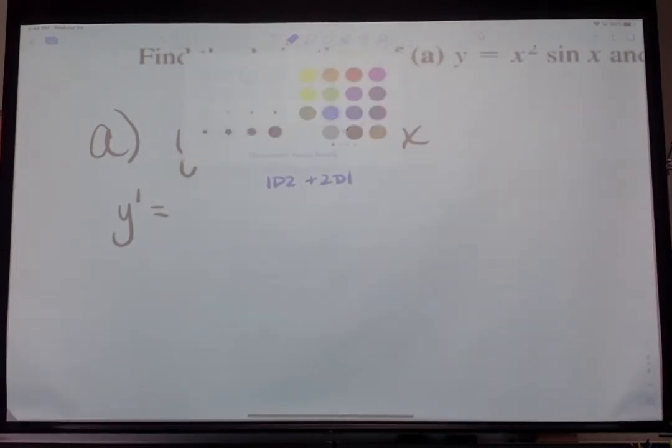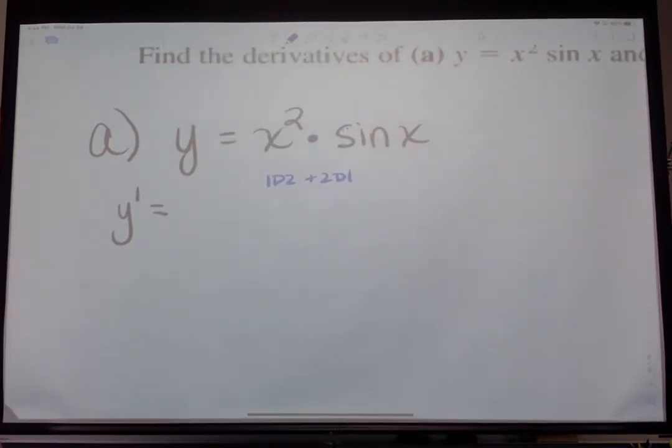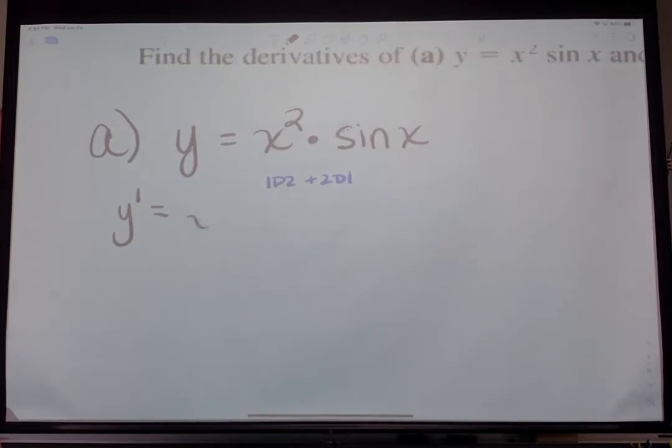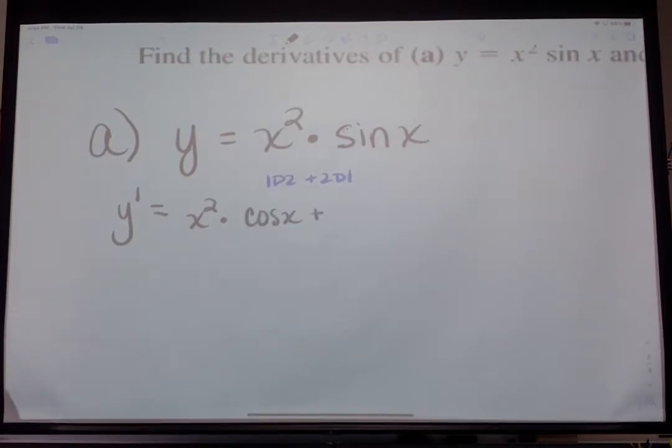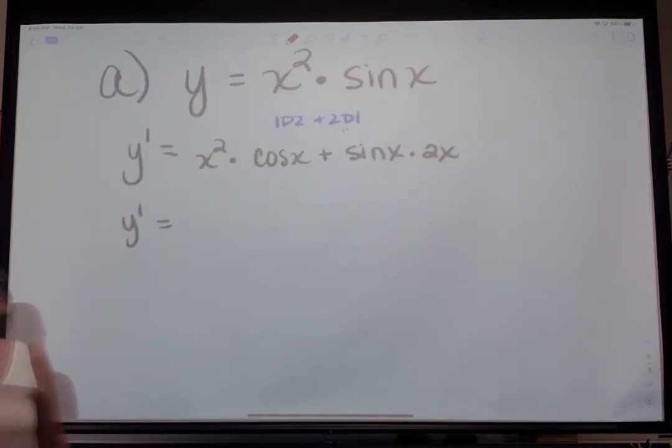All right, here we go. 1, d2, so I need the derivative of sine. 2, d1. And then I'm going to clean it up just a little bit.